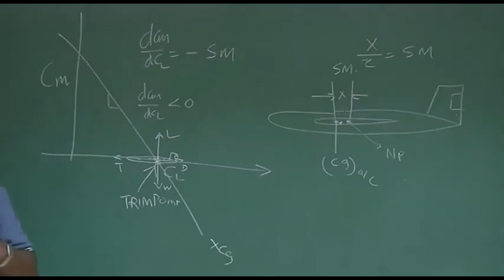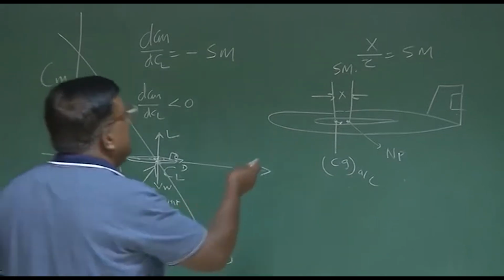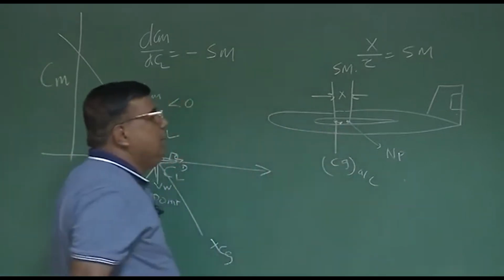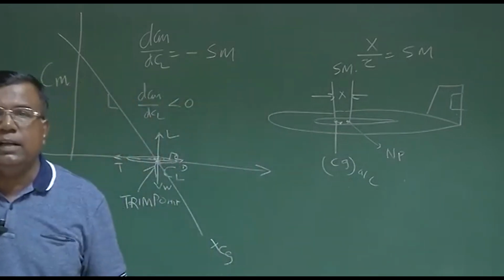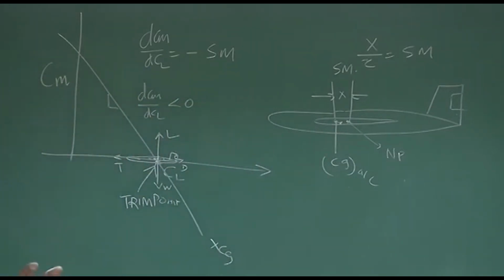It will become flatter, and also physically you understand if the separation reduces, there is a reduction in the static stability. And at a point, very clearly when CG coincides with the neutral point, it is neutrally stable, so there is no restoring moment. Okay, this we understand.